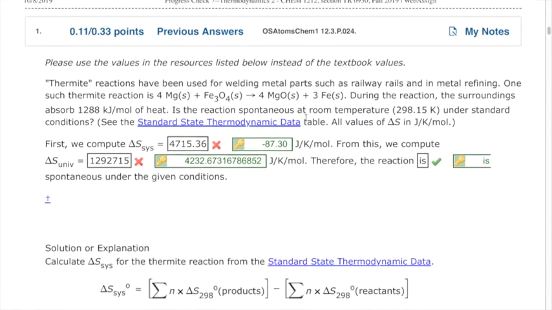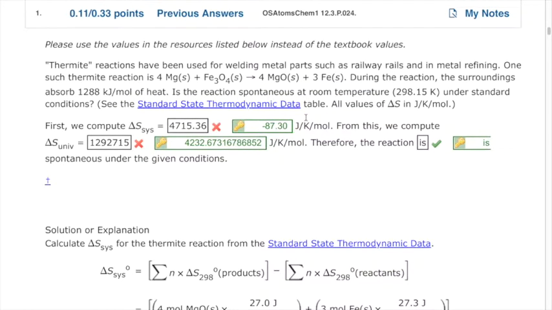All right, so we have thermite, and they're saying some words, but really just giving us a balanced equation. During this reaction, surroundings absorb 1288 kilojoules per mole of heat. And we're asked, is this spontaneous?